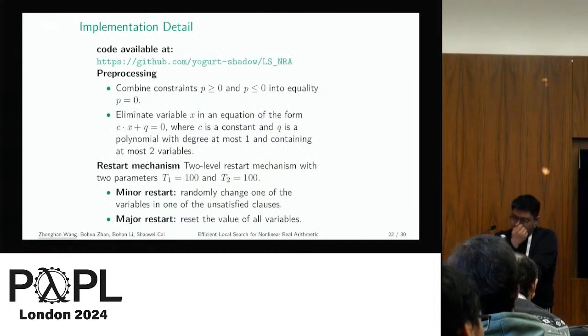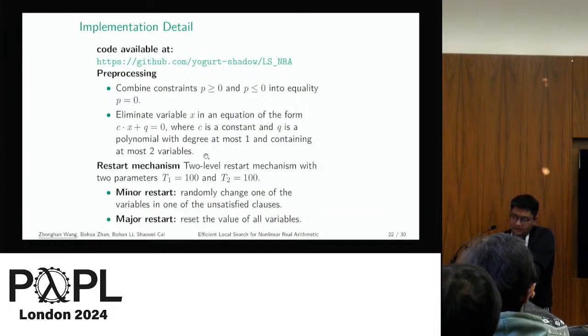Here are the implementation details. The first one is pre-processing. In SMT-LIB, many polynomials have the form of both negative or equal and positive or equal, and we should combine them into the equality. The second one is that we eliminate the variable in an equation of linear form.